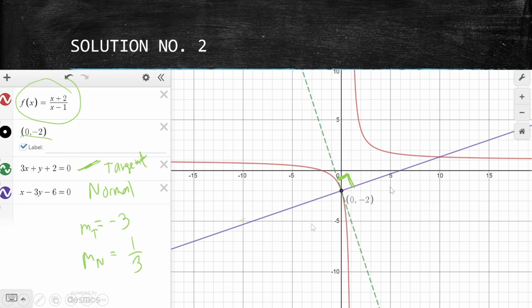This is how we visualize the derivative. At this point here, at this instant, 0, -2, the slope is actually -3, or the derivative is -3, indicating that the function is decreasing at this juncture.